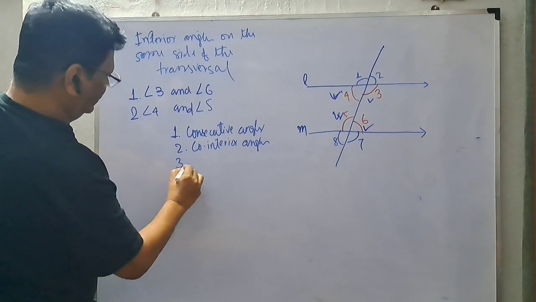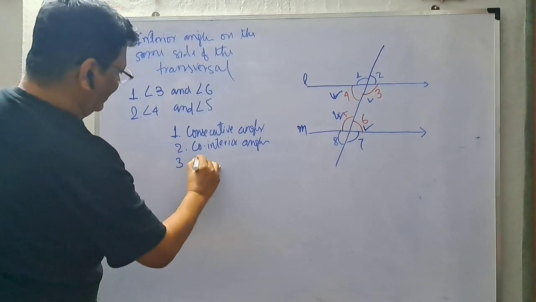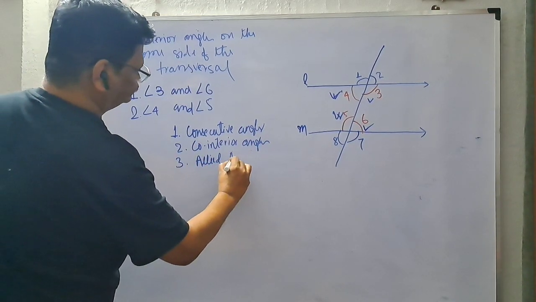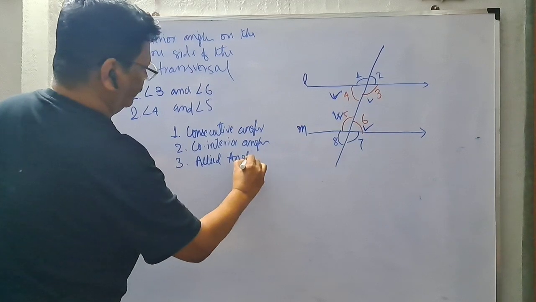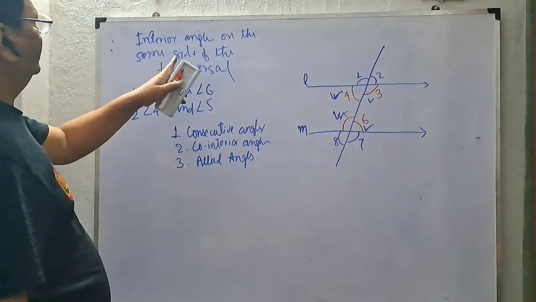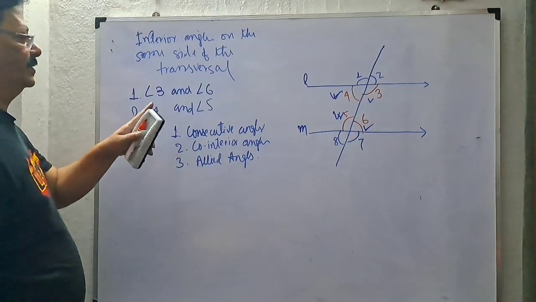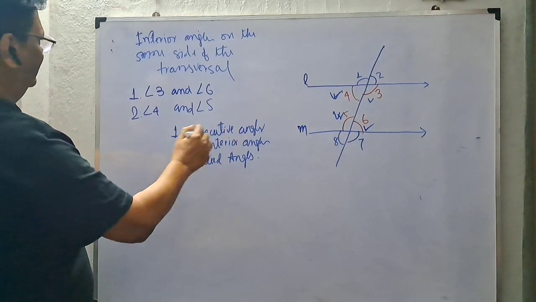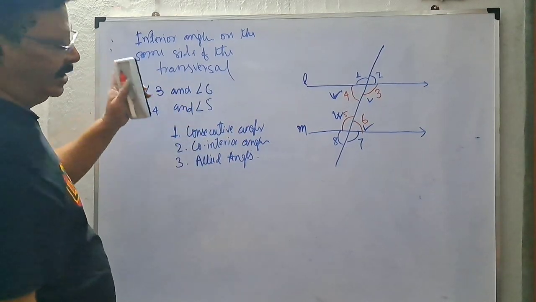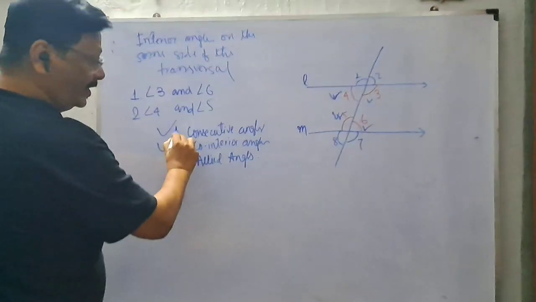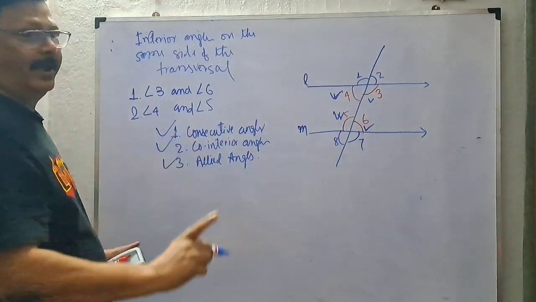Number 3, my favorite, allied angles. So interior angles on the same side of the transversal are these 3 and 6 and 4 and 5, and they are also known as consecutive angles, co-interior angles and allied angles.